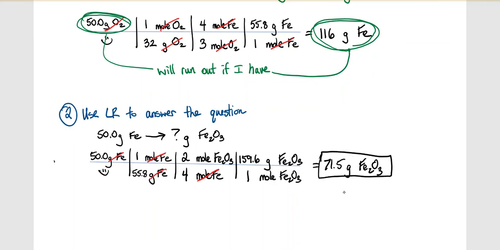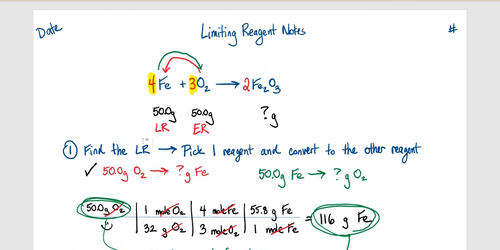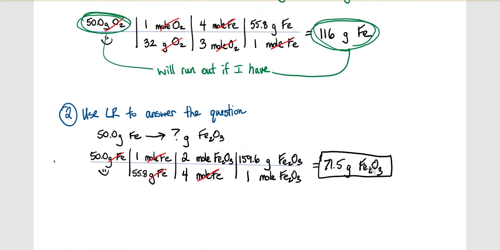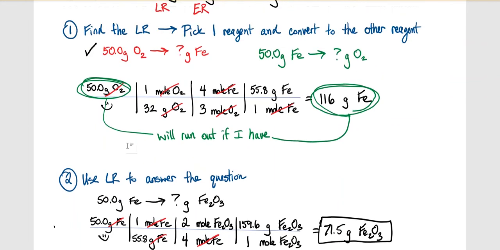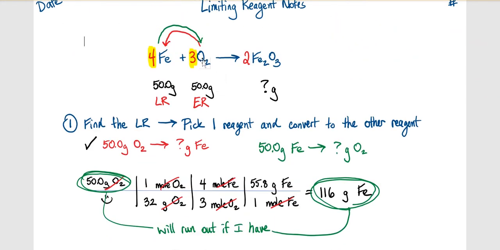Okay, so what this says is when you have a pile of iron, 50 grams, and a pile of oxygen, 50 grams, and you put those two piles together, the maximum amount of rust that you can produce is 71.5 grams of rust. Okay? And the reason for that is the iron will run out, leaving a little bit of excess oxygen and as much product as you can make.